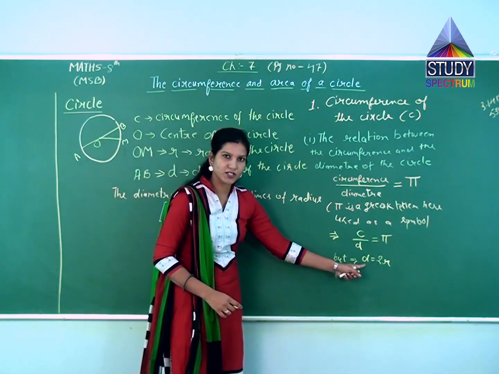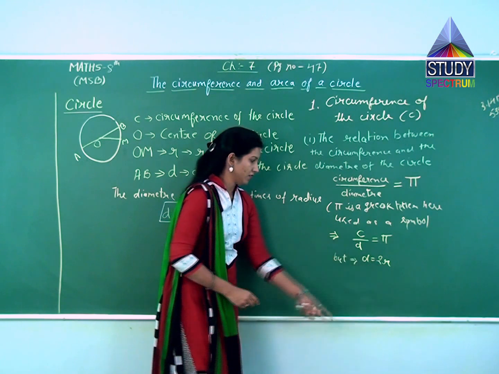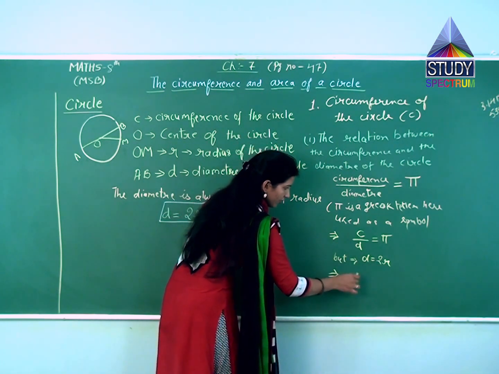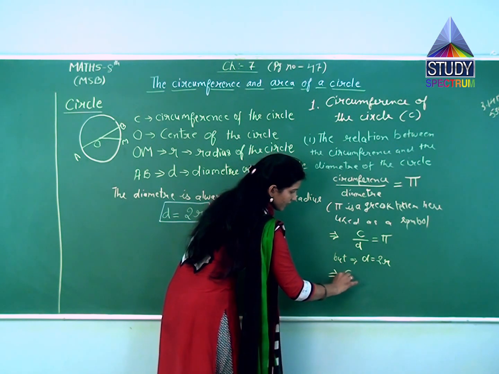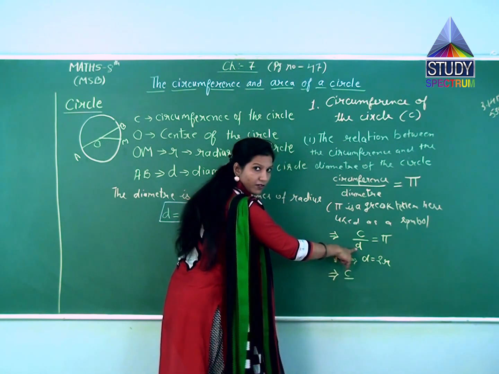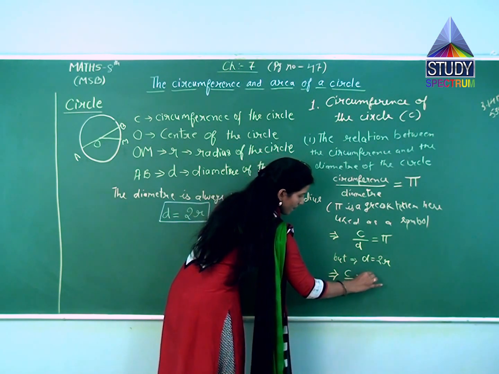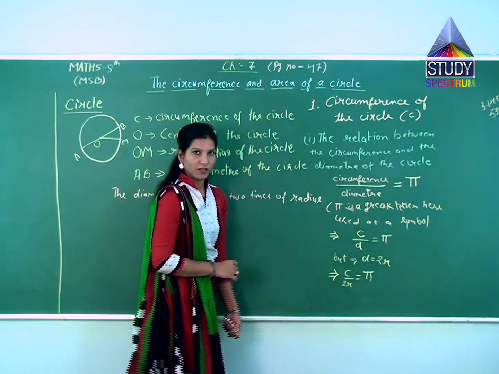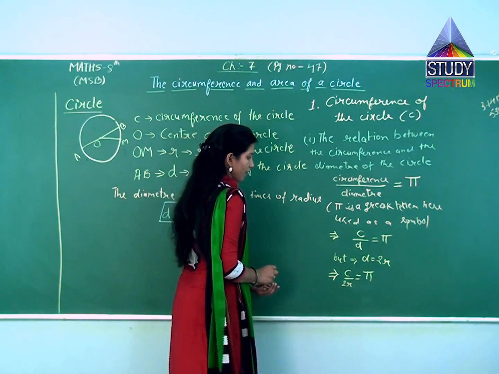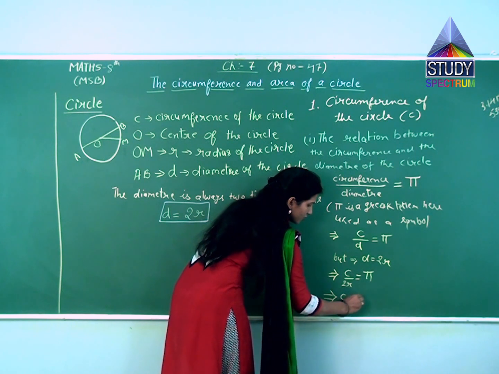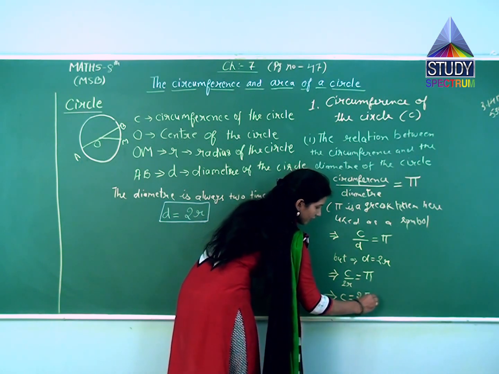Because diameter is always 2 times the radius. So this step will change to the next step, in which C upon, instead of D we will write 2r. C upon 2r equals pi. So our formula for the circumference of a circle will be C equals 2 pi r.